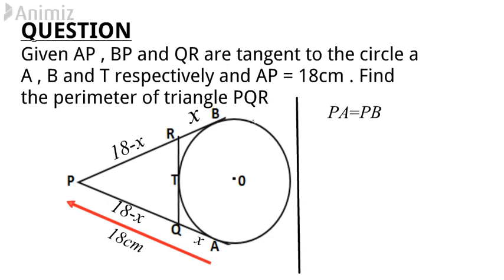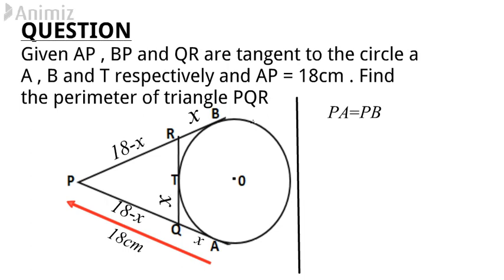Tangents meeting at the same point. Therefore, the rule also applies. Their distance will be equal. Therefore, length QA and length QT are equal. So if length QA is equal to x, then length QT is equal to x.